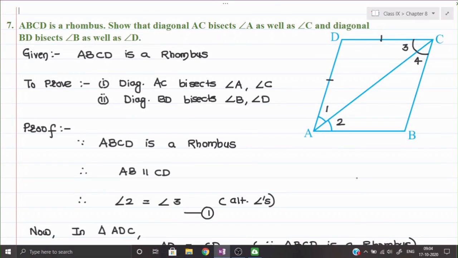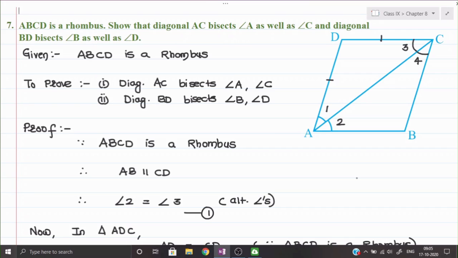Angle 2 and angle 3 are equal because they are alternate angles, and angle 2 and angle 4 are also equal because AB and BC are equal, by the isosceles triangle theorem. So 3 and 4 will be equal, and we can prove that diagonal AC bisects angle C as well.